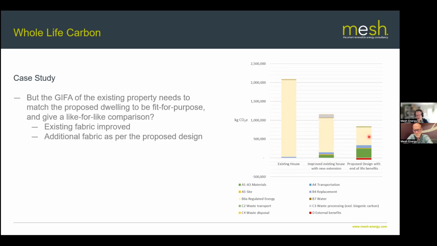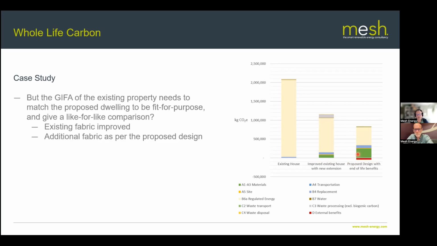But then when we're looking at the proposed design, it was still including all the original material, but we were actually able to subtract that 47 tons of deconstructed material, and that could be taken on to incineration for energy generation, crushed down for hardcore on road building or foundations, and so on and so forth.